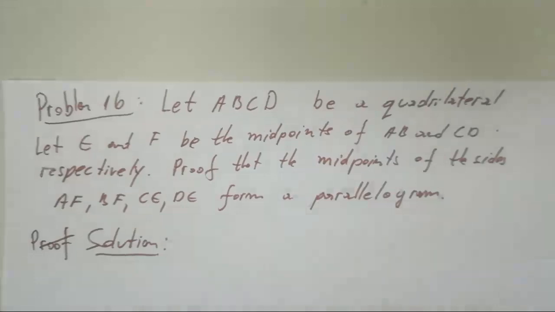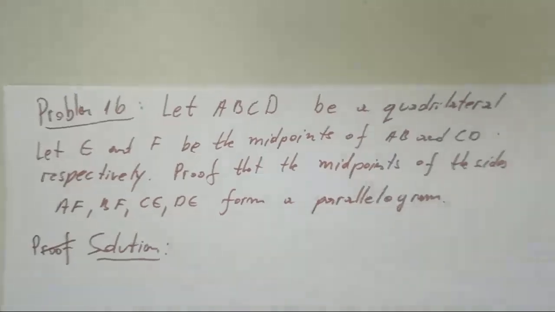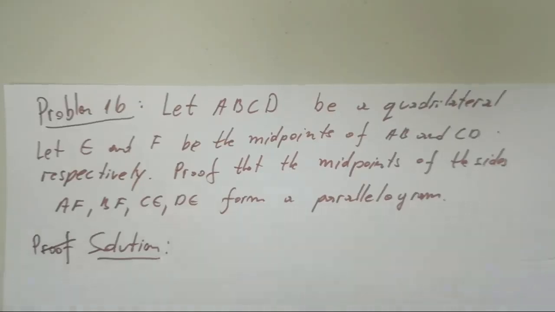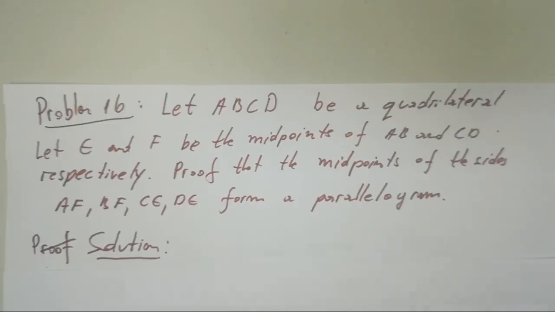Let E and F be the midpoints of AB and CD respectively. Prove that the midpoints of the segments AF, BF, CE, DE form a parallelogram. You will have 3-4 minutes to copy it and to give a try, then we will start revealing the solution.